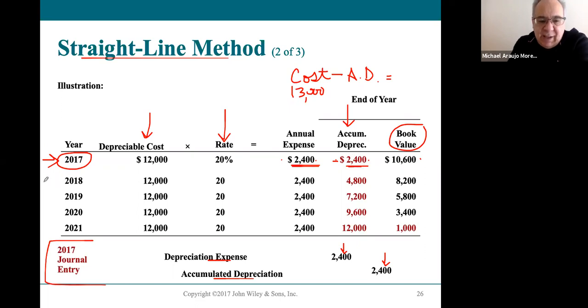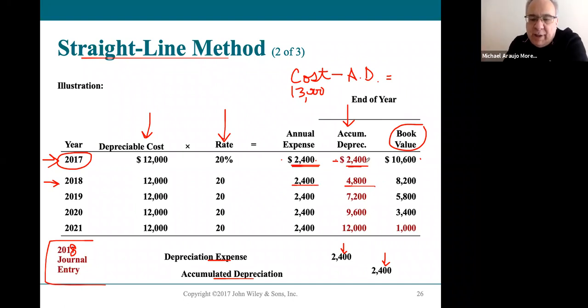In the second year, you're going to depreciate again, right? So at the end of 2018, you will have a depreciation expense of 2,400 and a credit to accumulated depreciation of 2,400. Your expense accounts clearly zero out after we close the expense accounts every year. We do not close asset accounts, permanent accounts.